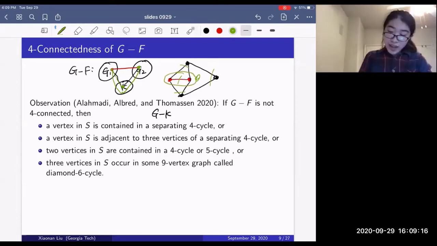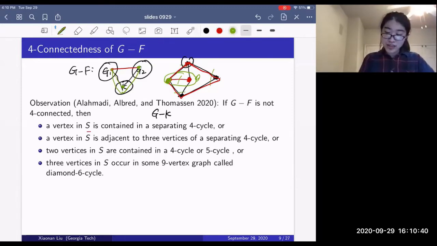Since for each red edge, we know that one vertex of the red edge is in S. So in this case, a vertex in S is contained in a separating 4-cycle. Actually, these four vertices, just the red cycle, form a separating 4-cycle.